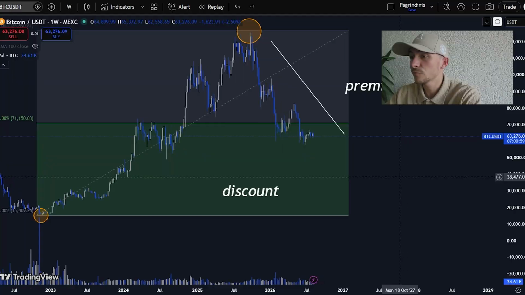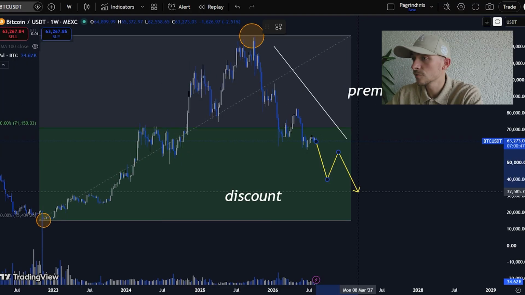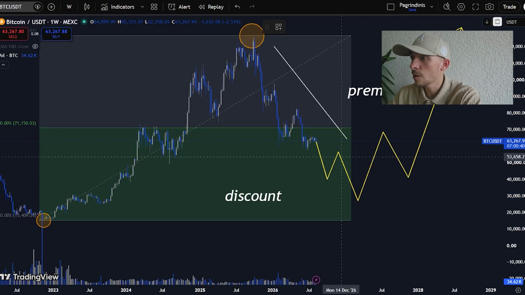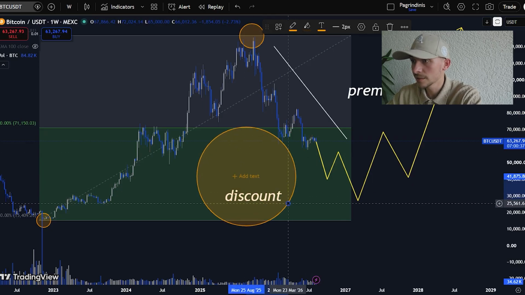If you are looking at the discount zone, you are looking for long positions. So what we can expect is that the market tries to move here and we are looking for the long position. Our zone right here is to find the right entry point for the long position, and we're targeting the premium zone above us. This is what it is.